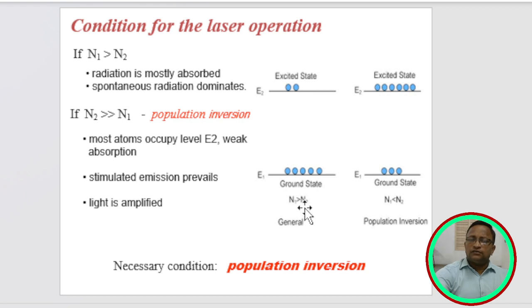If we observe from the figure, it was clear that N1 is greater than N2. That means the number of atoms in the ground state is more when compared with the excited level.